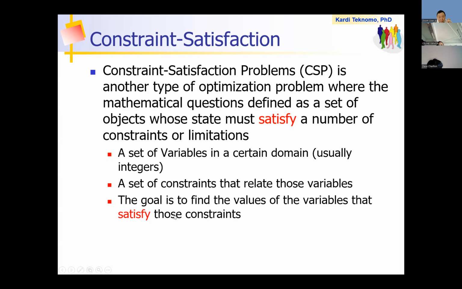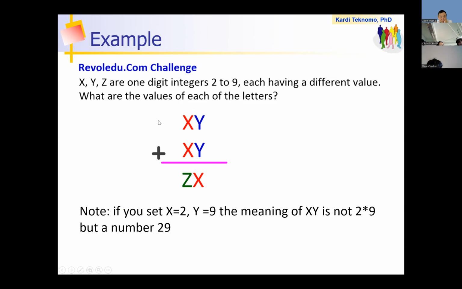So I give you an example. Say you have x, y, and z. X, y, and z are one-digit integers from 2 to 9, each having different values, so they must be unique. X must not be the same as y, and must not be the same as z.